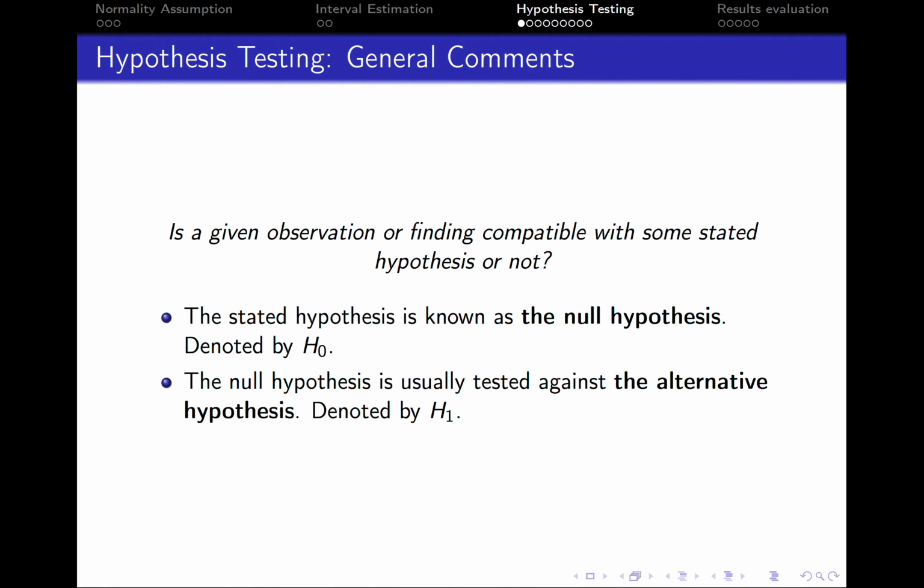And the stated hypothesis is known as the null hypothesis, and it is always denoted by H0. So this is the first hypothesis, and then we take this hypothesis and we test it against the alternative hypothesis, which is denoted by H1. So as you can see, when we do hypothesis testing, there are always two hypotheses, null and alternative, and we test one against another.